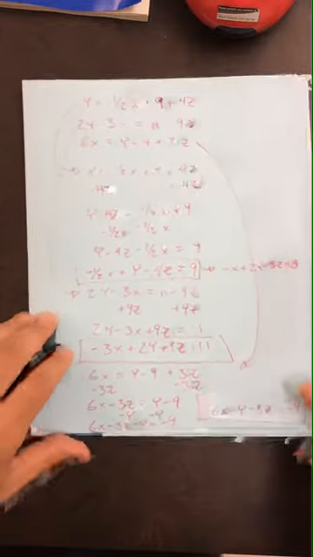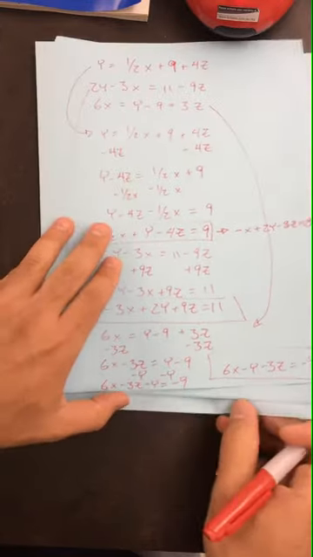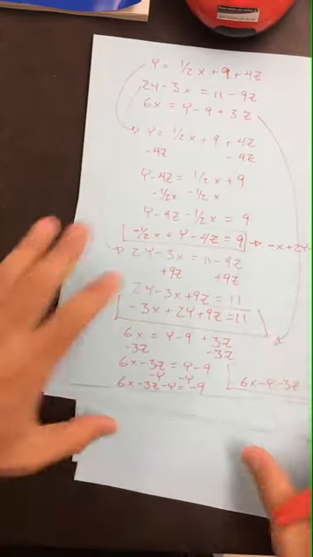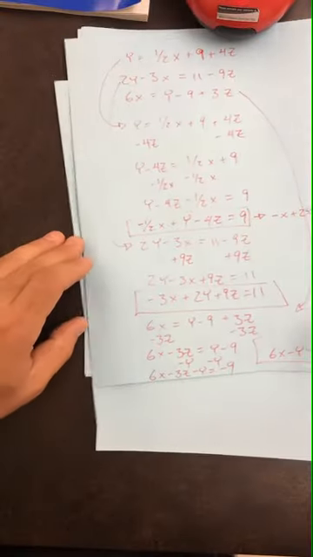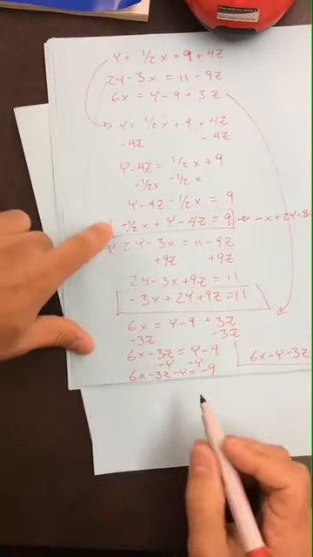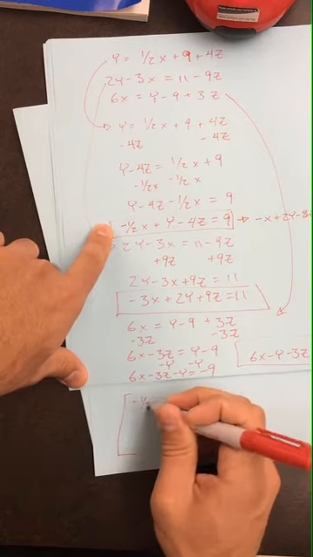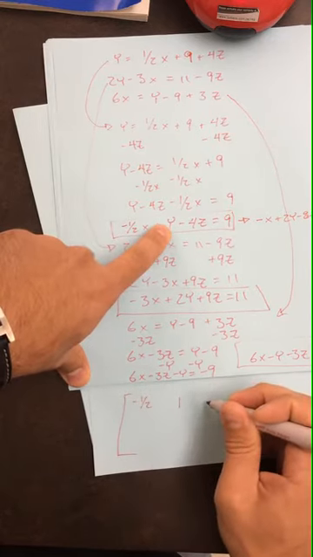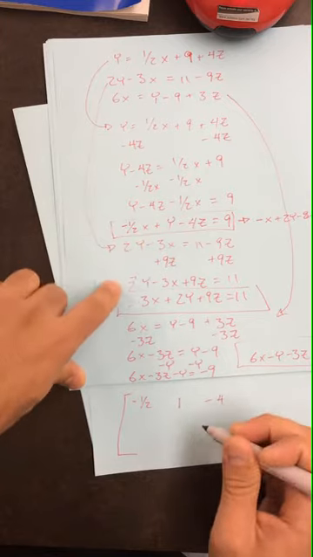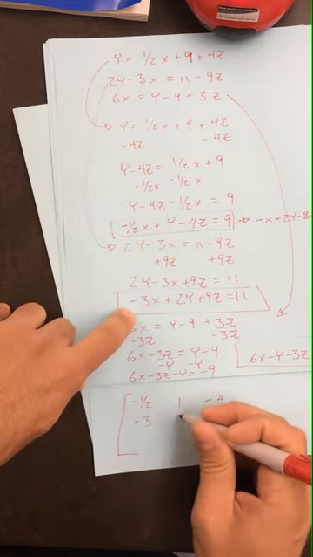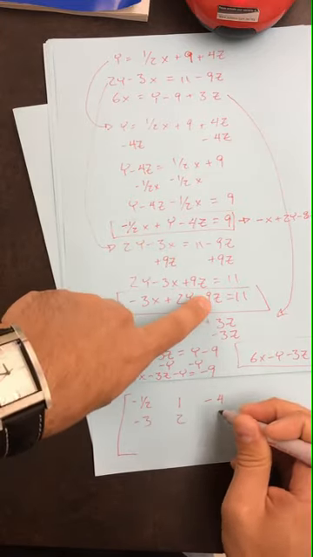Now I'm going to take my 3 equations and write the matrix equation. So my first equation right here, negative 1/2, 1, negative 4. Second equation, negative 3, 2, 9.